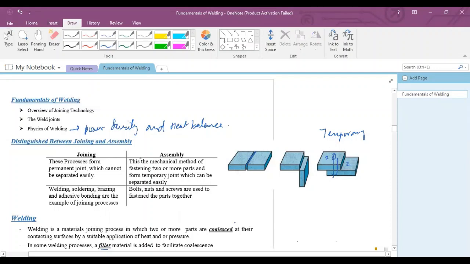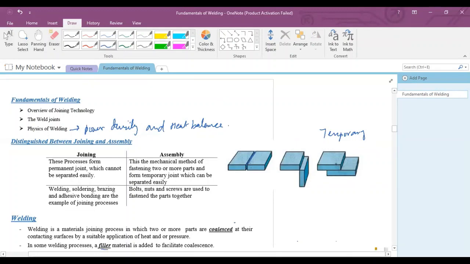And as far as joining is concerned, through the joining process a permanent joint is produced. One disadvantage of joining processes is that we cannot easily separate these two plates. We have to break this joint.